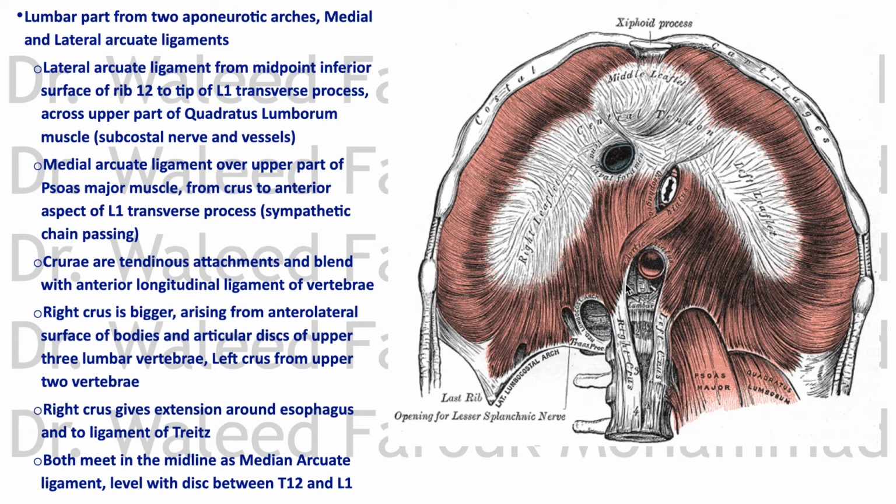Actually, what passes under this median arcuate ligament is the aorta, the esophagus and the thoracic duct, and sometimes the hemiazygos. The esophagus and hemiazygos sometimes pierce the cruri. They don't pass through the foramen, but for sure the thoracic duct and the aorta, thoracic becoming abdominal aorta, pass under this opening.